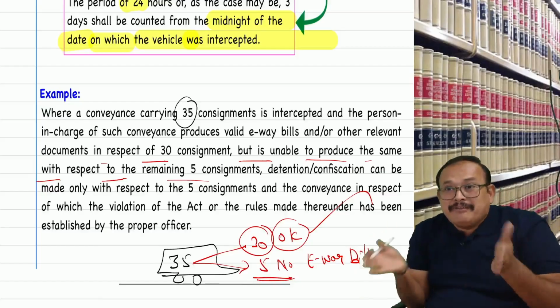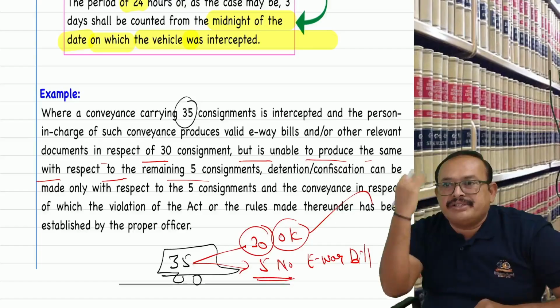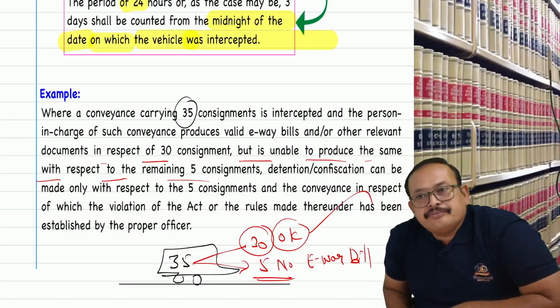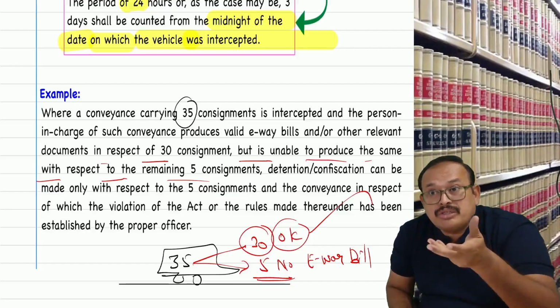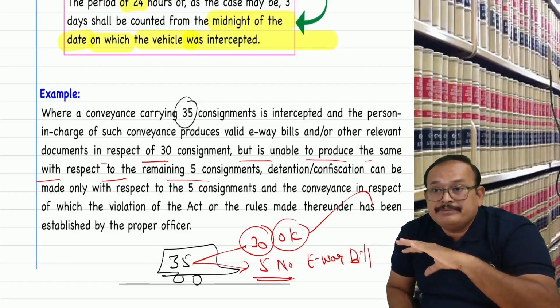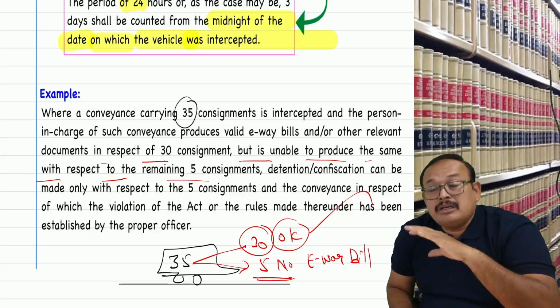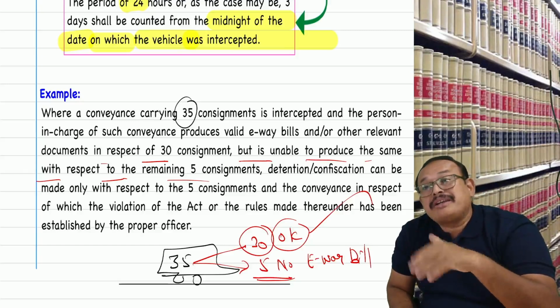What about the vehicle? There is only one vehicle. The entire vehicle will also be detained and seized. Now, to release the seized goods, there must be a penalty under section 129, not only on the owner of the goods, but also on the truck owner.